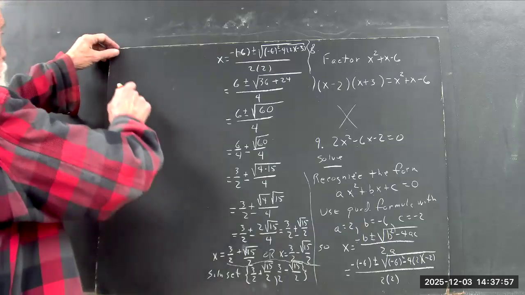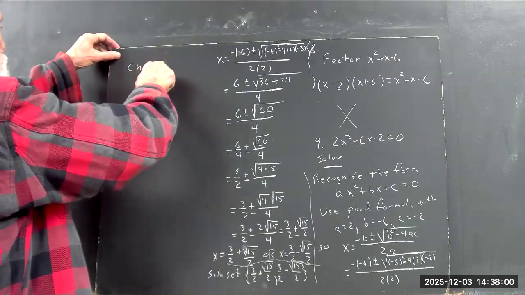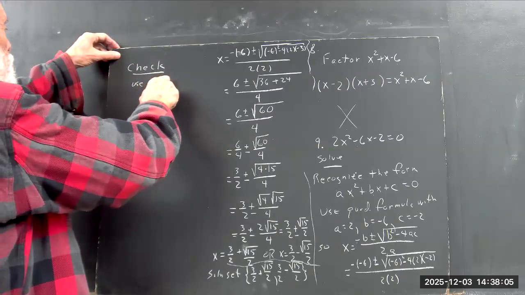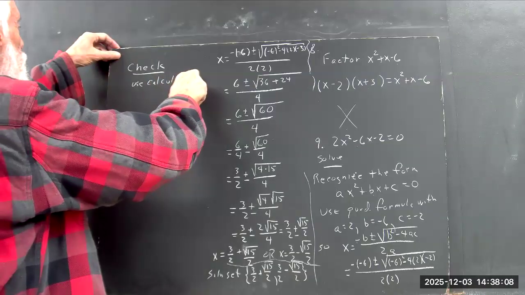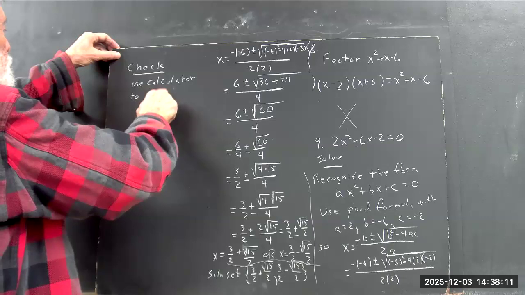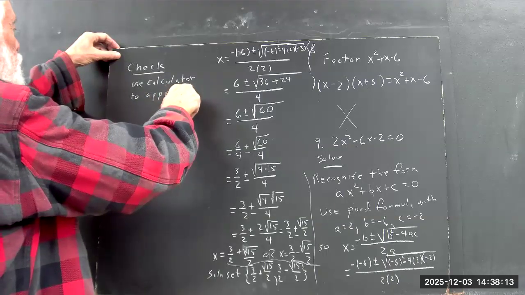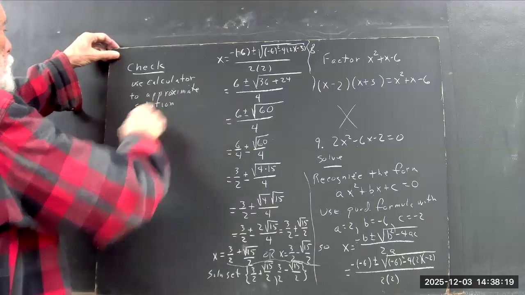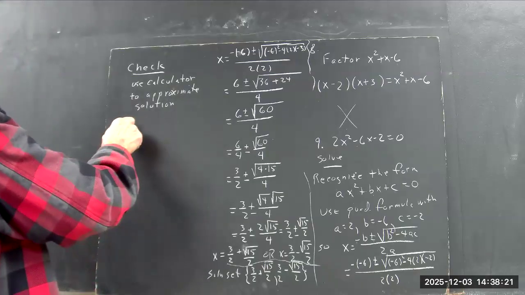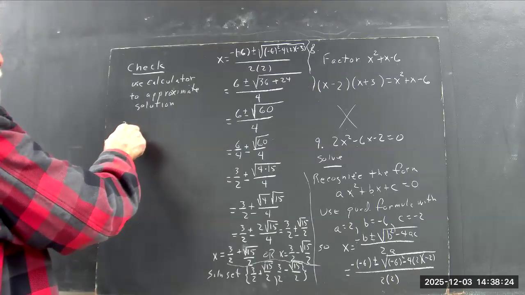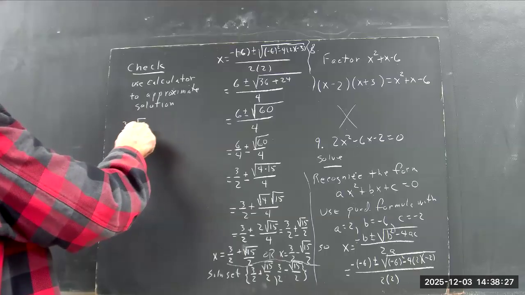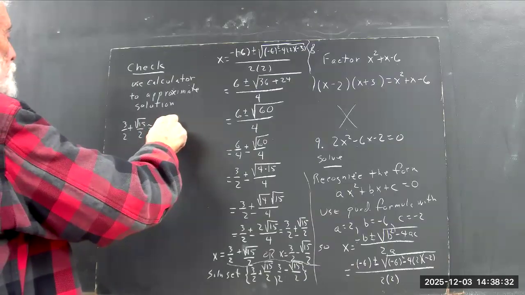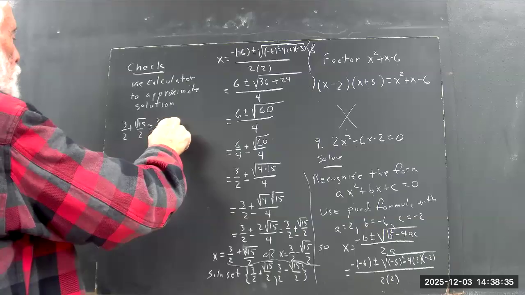To check, use a calculator to approximate your solutions. 3/2 plus the square root of 15 over 2 is approximately equal to 3/2 plus, we'll say, 3.9.